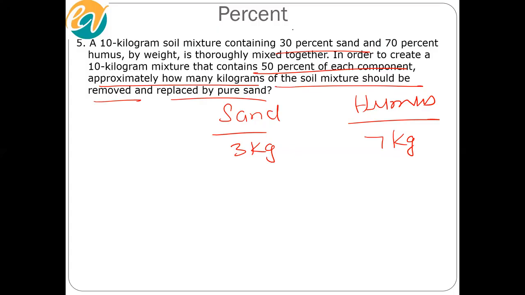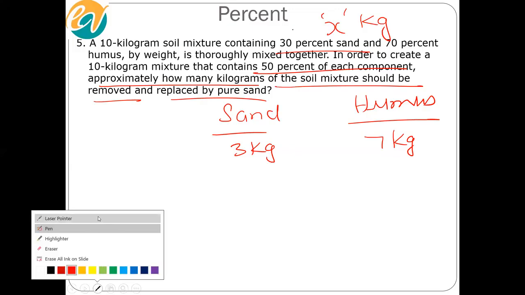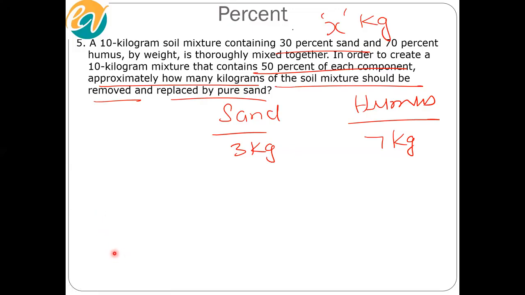Correct? Let us assume that X kgs of soil mixture should be removed and replaced by pure sand, and we have to find the value of X. Now, this is the most important thing, friends: right now 30% is sand and 70% is humus.